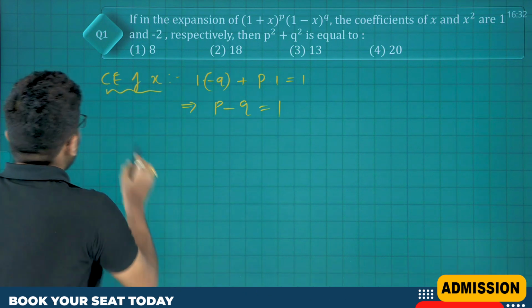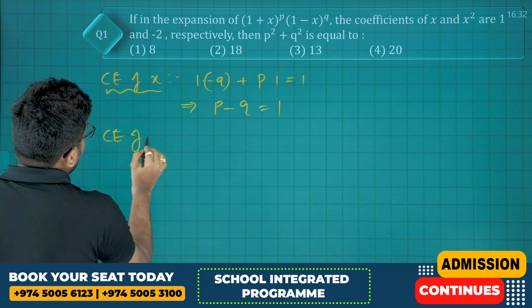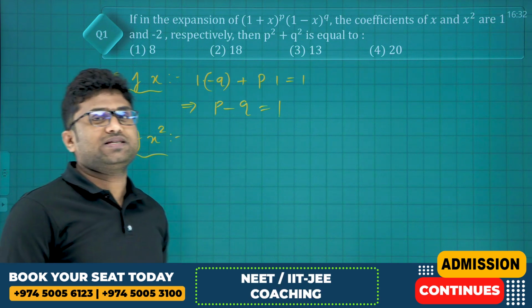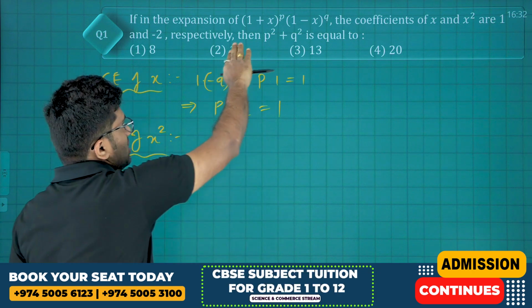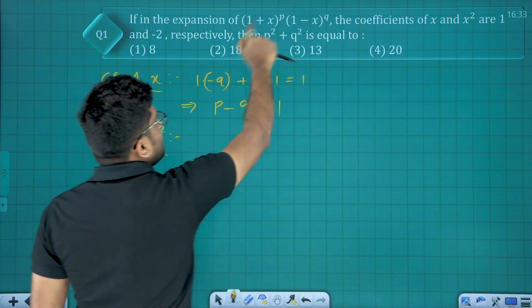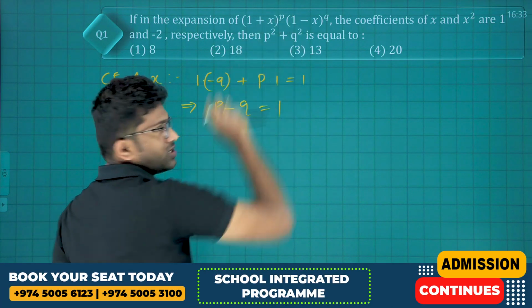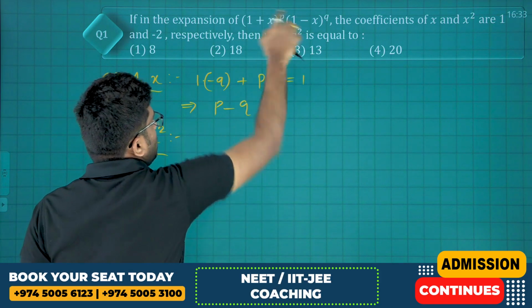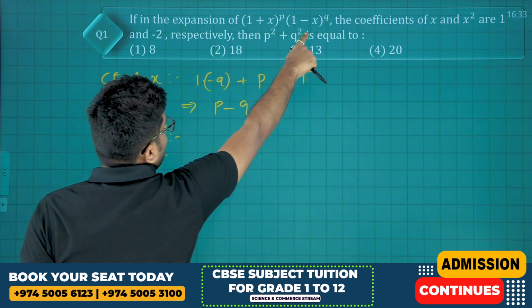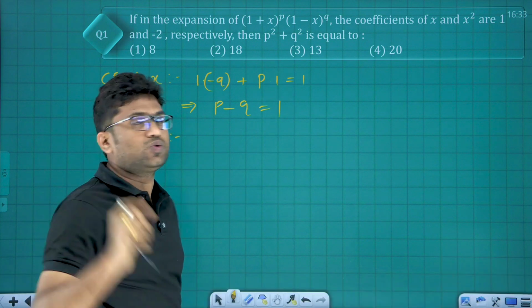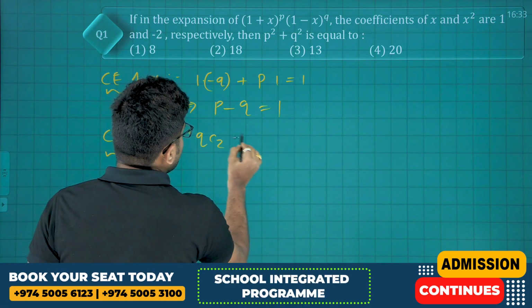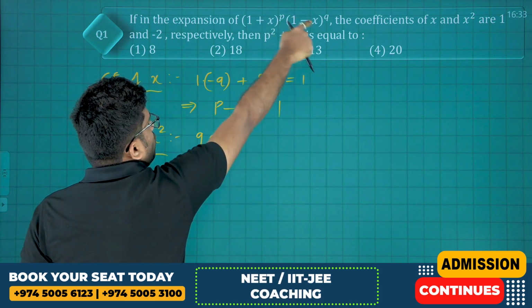Next, the coefficient of x square. What are all the cases where we get x square? Constant into x square coefficient, x into x, and x square into constant. First case, constant into x square. Here the constant is PC0, which is 1, and here the coefficient of x square is QC2, so 1 into QC2, plus the coefficient of x into the coefficient of x.